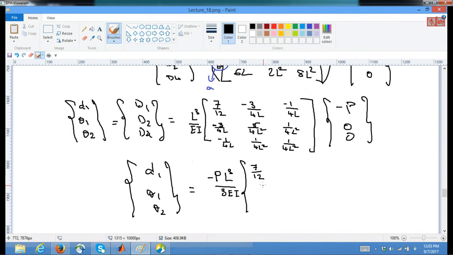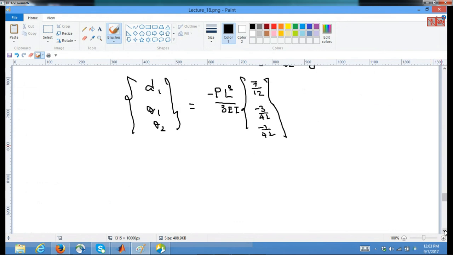Just retain the first column, minus 3 by 4L and minus 1 by 4L. So that means my displacement is equal to minus 7 PL cube by 3I.